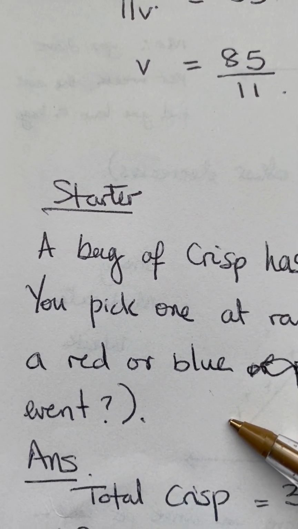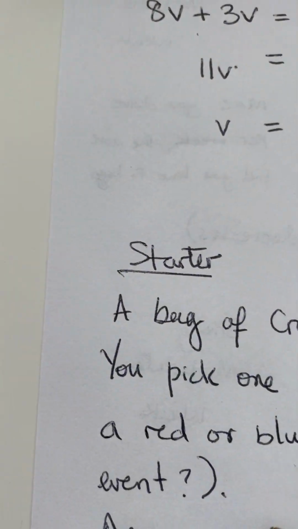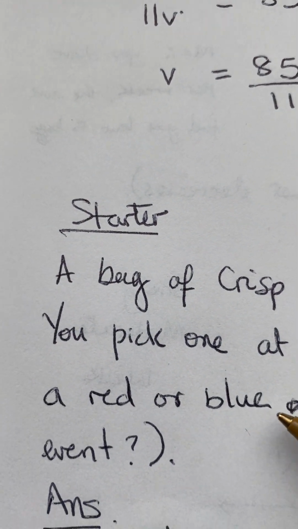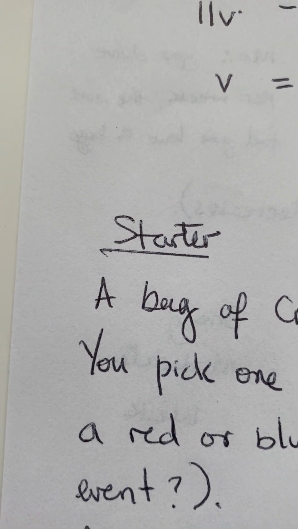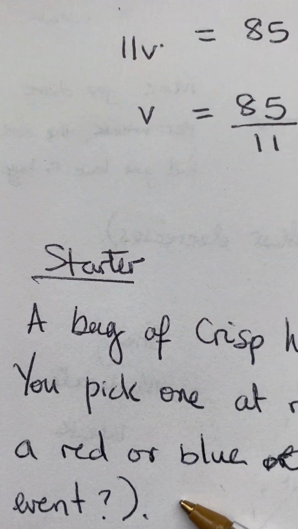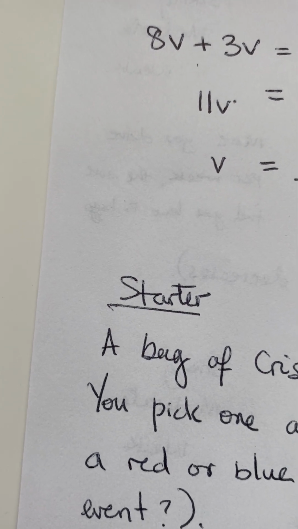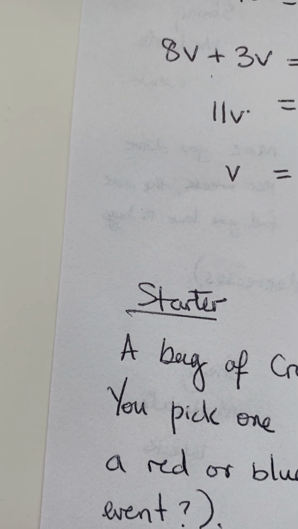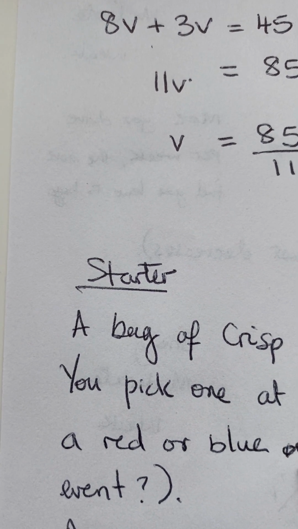But we remember mutually exclusive events. Those are events that cannot happen at the same time. So here, you can pick either a red or a blue, and they're asking you the probability of picking a red or a blue.